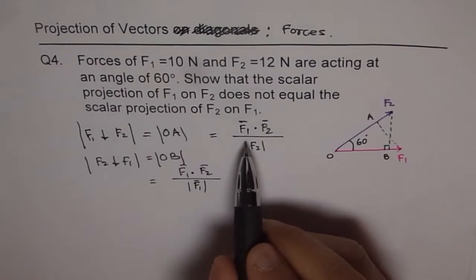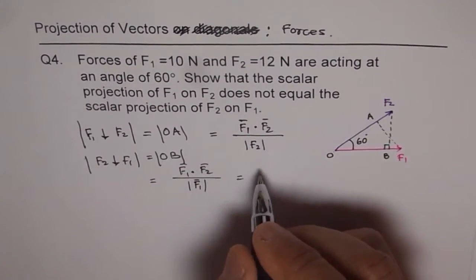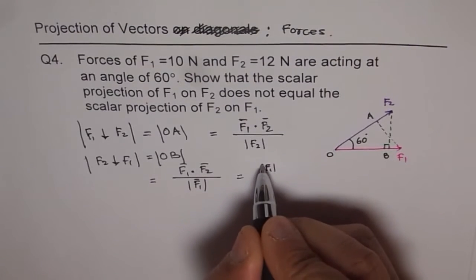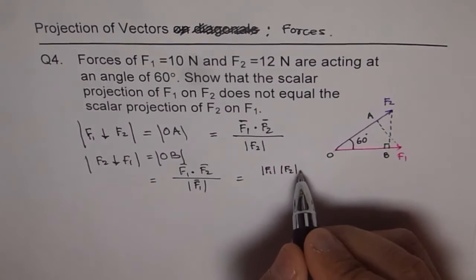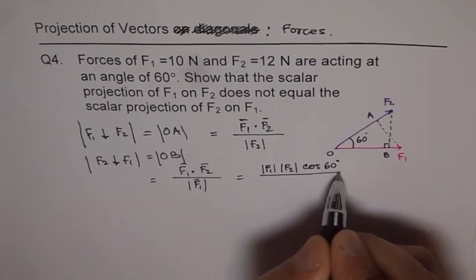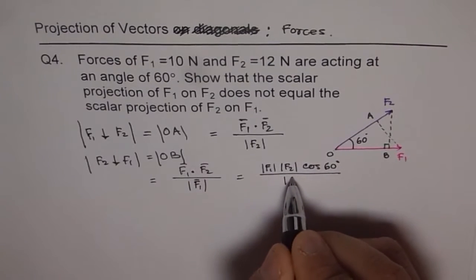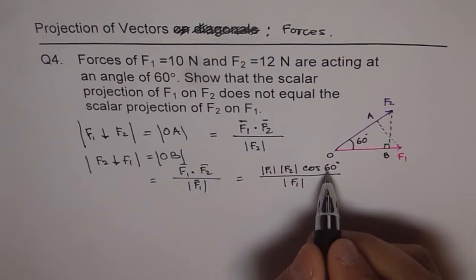And I hope you remember when we say F1 dot F2, it will be the magnitude of F1 times the magnitude of F2 times the cosine of the angle between them, which is cos of 60 degrees, divided by the magnitude of F1, right? So this gets cancelled, and you get F2 cos theta.